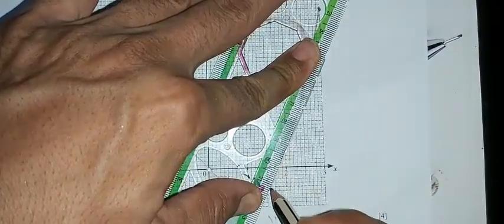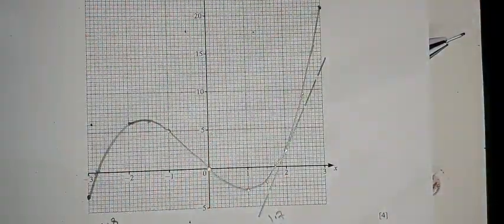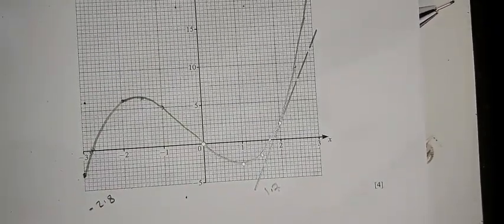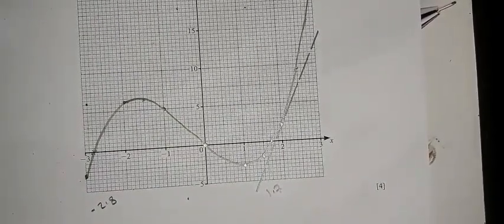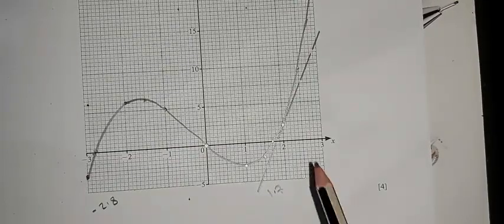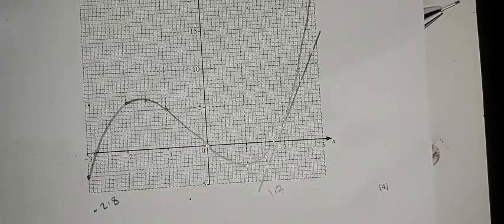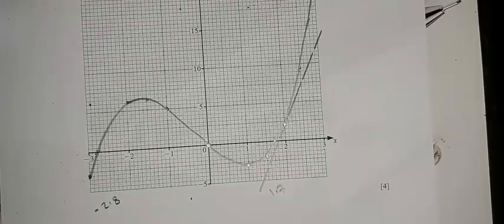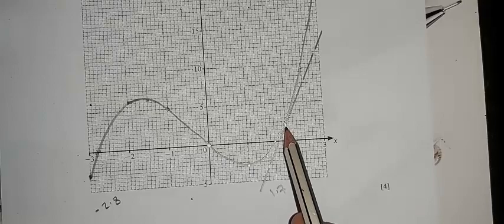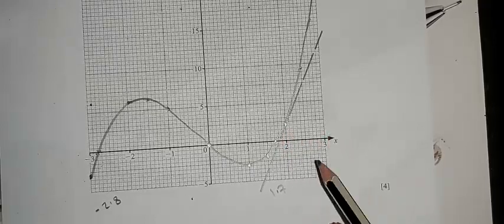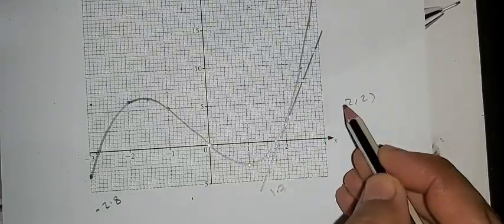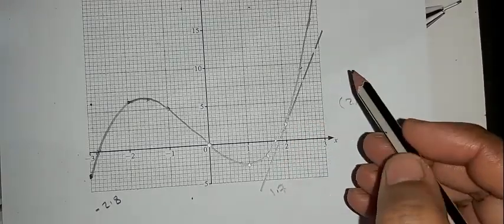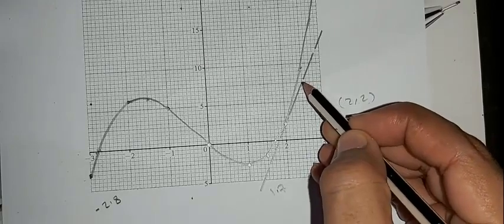This will be our line here, and we want to find the gradient of this line. To find the gradient of any line, we need to know at least 2 points. We already know a point here is 2 and 2. So try to find a suitable point.